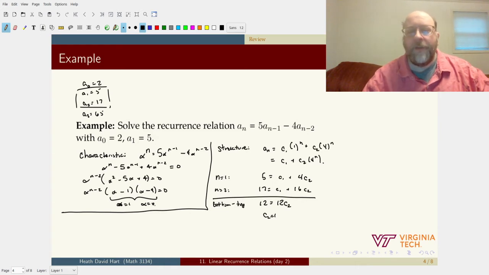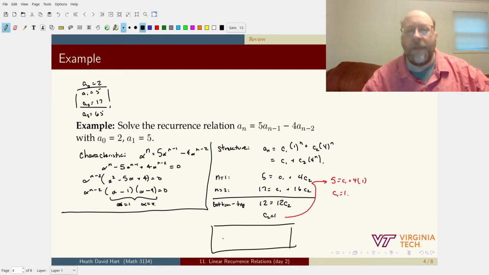But if c2 is equal to 1, then we can go back to this equation here and get 5 is equal to c1 plus 4 times 1. And so c1 is also 1. And so now that I know that c2 is 1 and c1 is 1, my final answer is going to be that a sub n is equal to 1 plus 1 times 4 to the n.